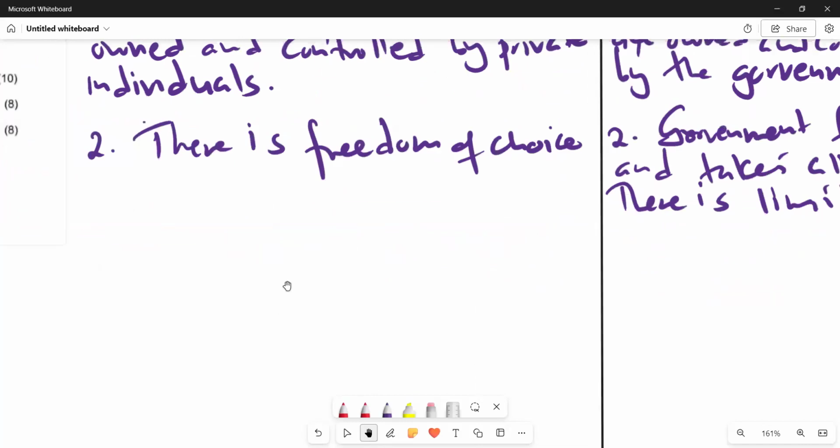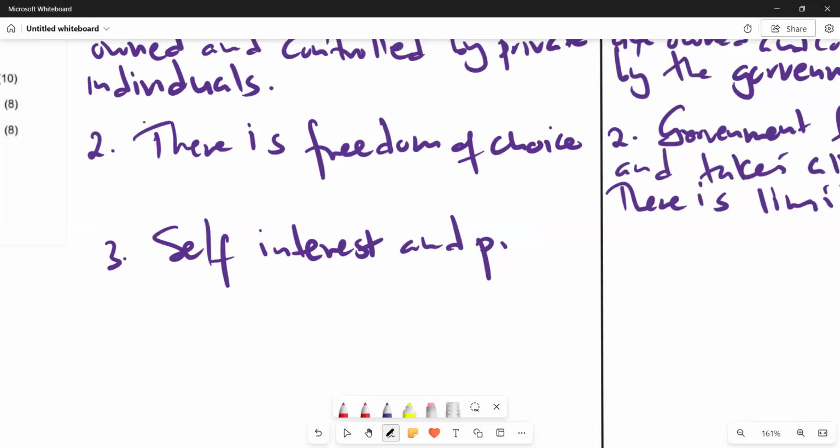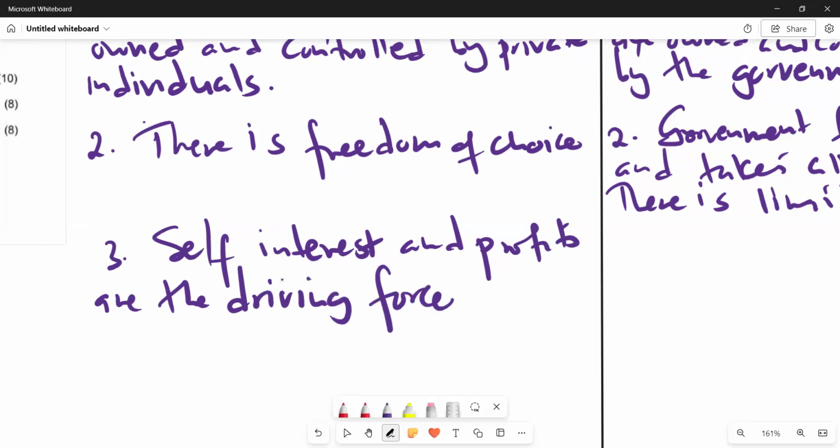So number 3, under free market economy, self-interest and profits are the driving forces.